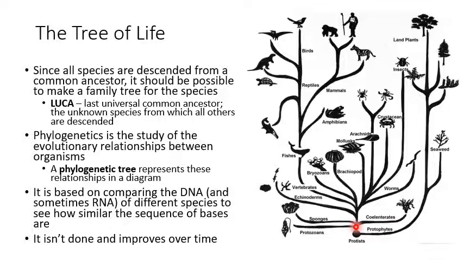So at the bottom of the tree here, we have protists, which are single-celled organisms that have a nucleus, and then things start branching off. So the plants diverged a long time ago, and then you have the animals. And fungi would be on here somewhere as well, but they're actually not shown on this tree, are they? So it's apparently not a complete tree.